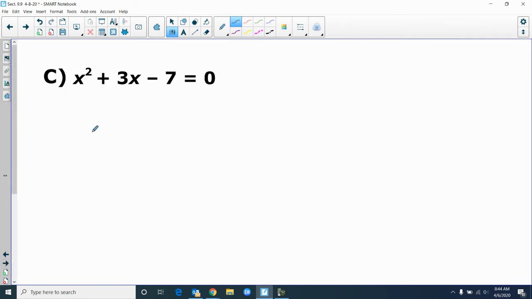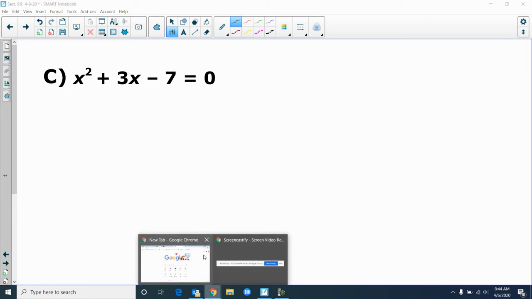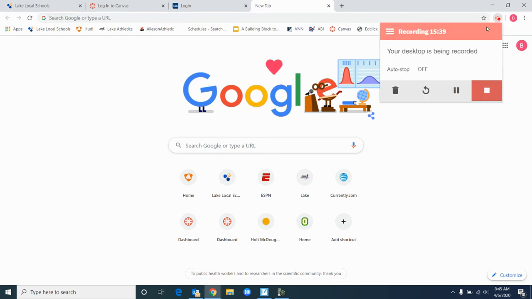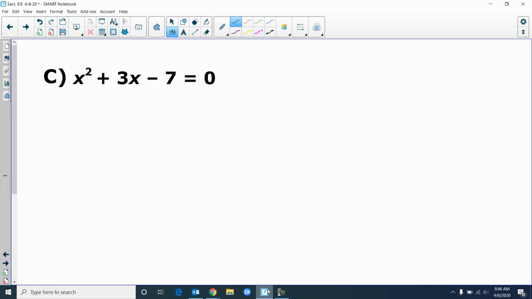Okay, let's take a look at C here. All right, this is going to turn out slightly different. X squared plus 3x minus 7 equals 0. All right, I'm going to take 1 second and just pause this. Okay. X squared plus 3x minus 7 equals 0.